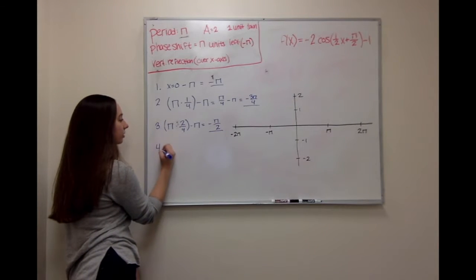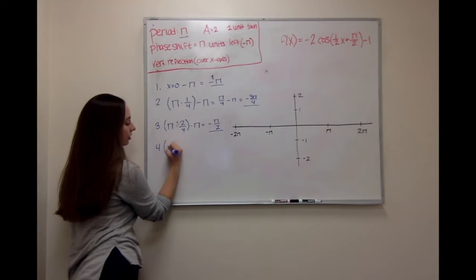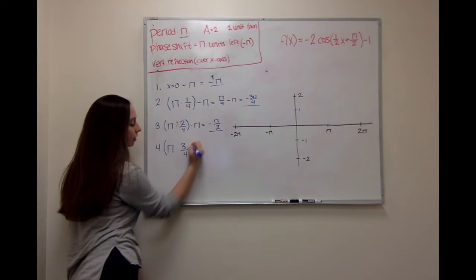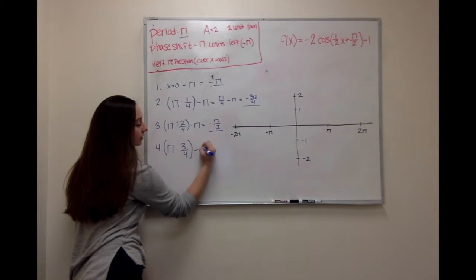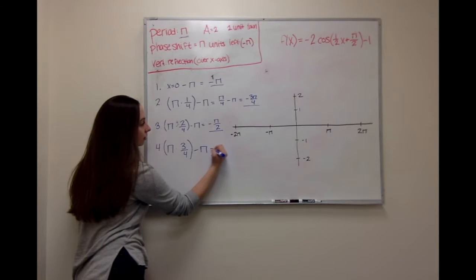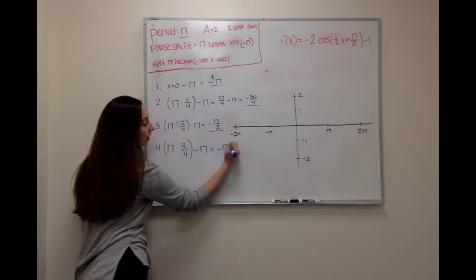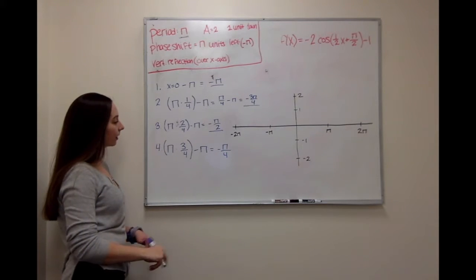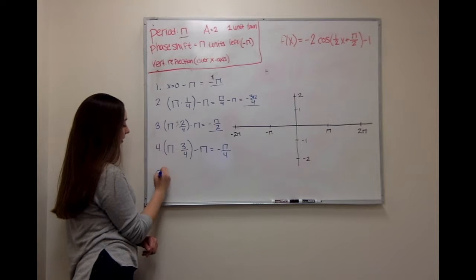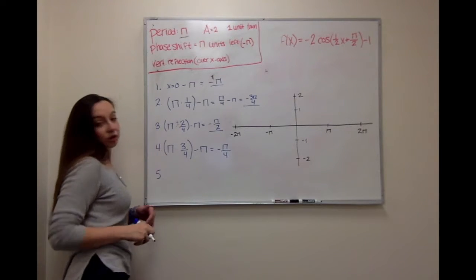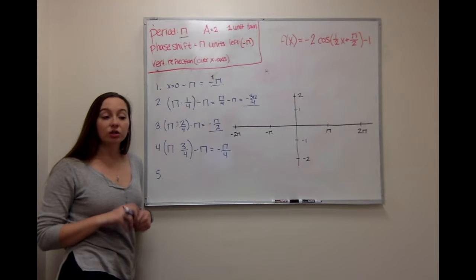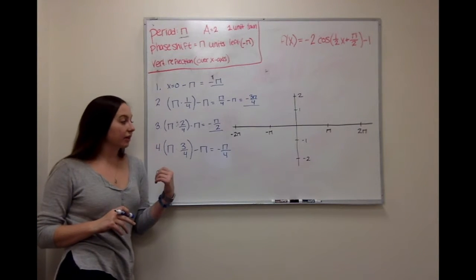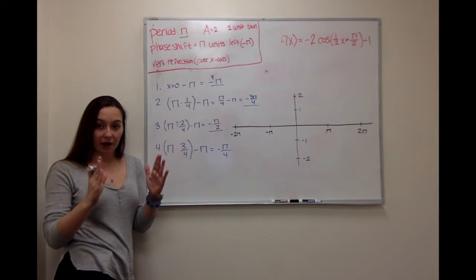Our fourth point, same thing, pi times, this time 3 over 4, minus pi, which will be equal to negative pi over 4 when reduced. Now our fifth and final point, you have to remember that usually a cosine graph goes from 0 to 2 pi, but in this case it's only going from 0 to pi.